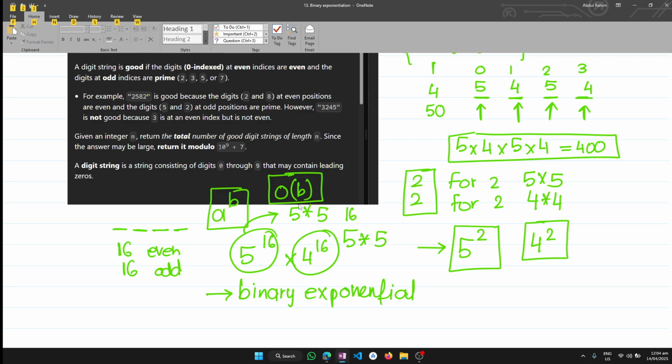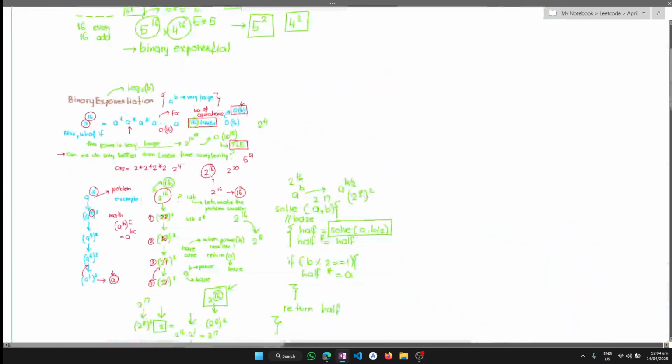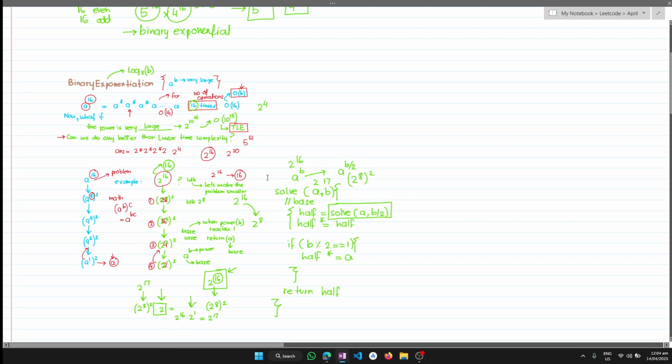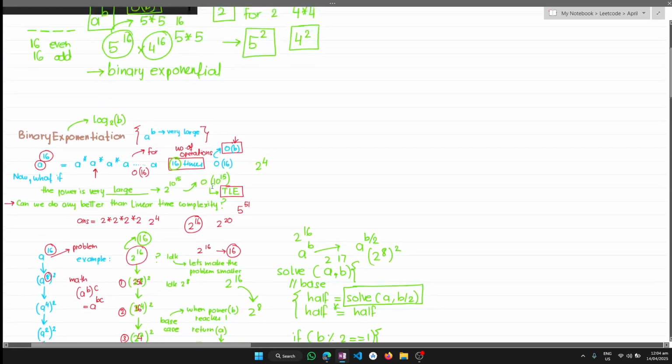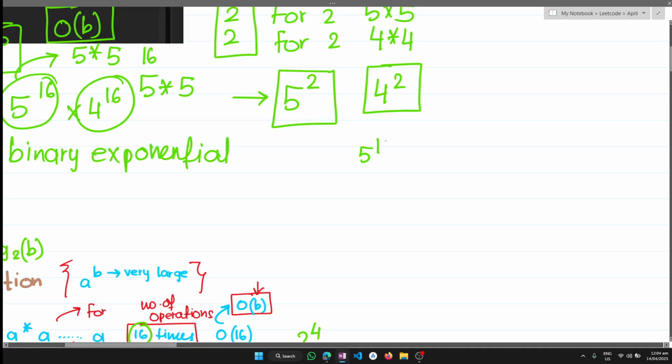How that looks is, I'll just give you a very simple example. I've already covered it in a separate video where we dived deep into what binary exponentiation is. But rather than calculating 5 to the power 16 as multiplying 5 16 times, you can calculate it like this: 5 to the power 8 whole square.